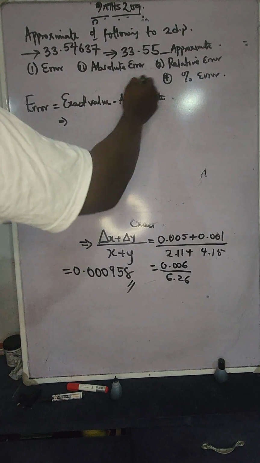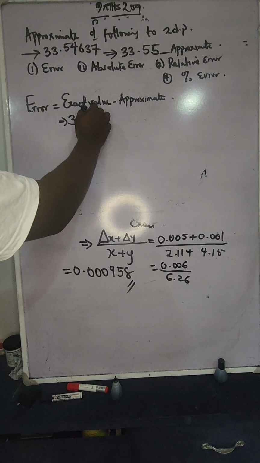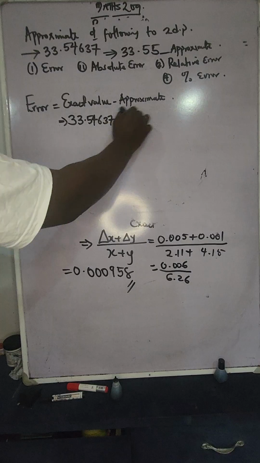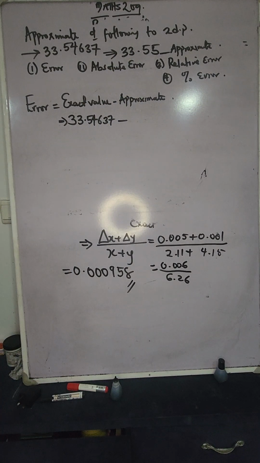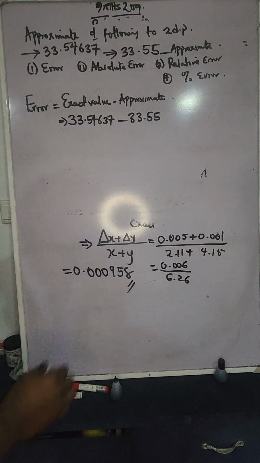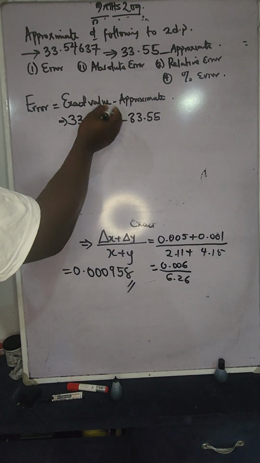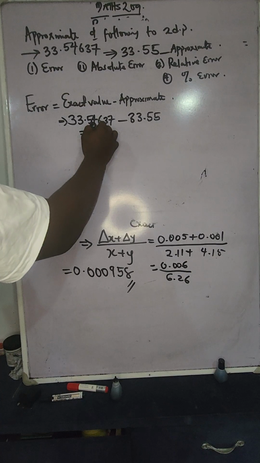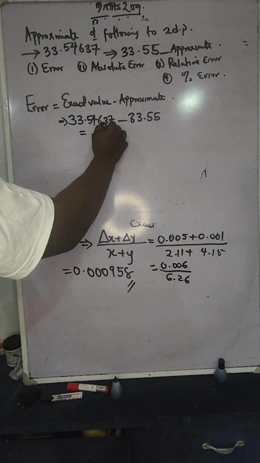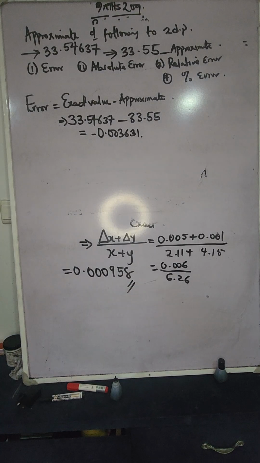The exact value is the question itself, that's 33.54637, and then we are minusing 33.55, which is the approximate. From there, you will find that the error involved is negative 0.003631. You can verify that on your calculator.